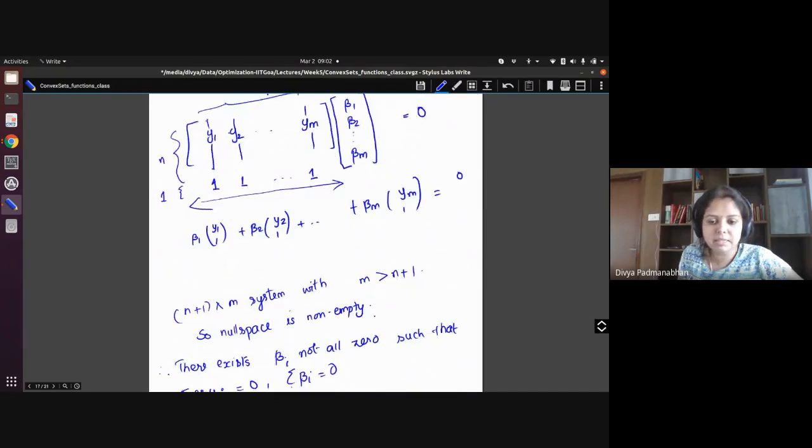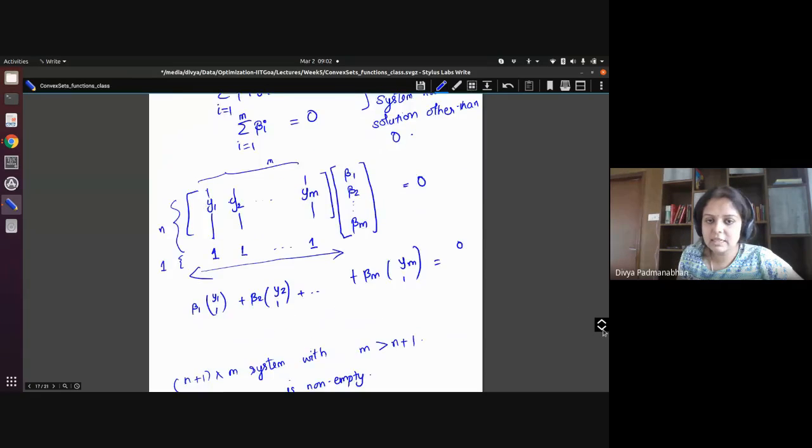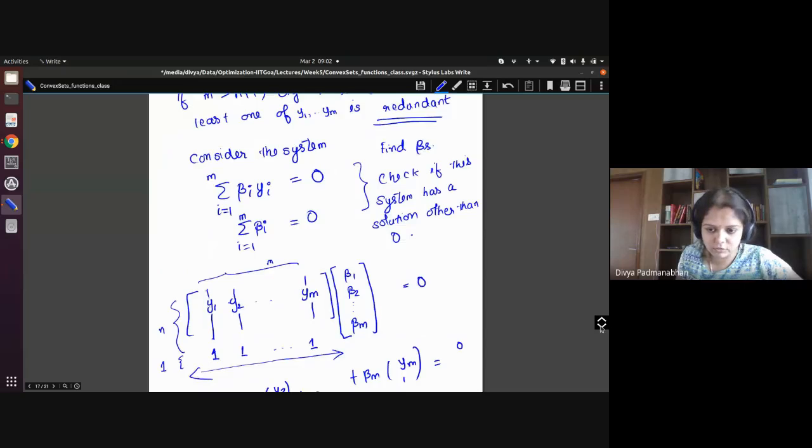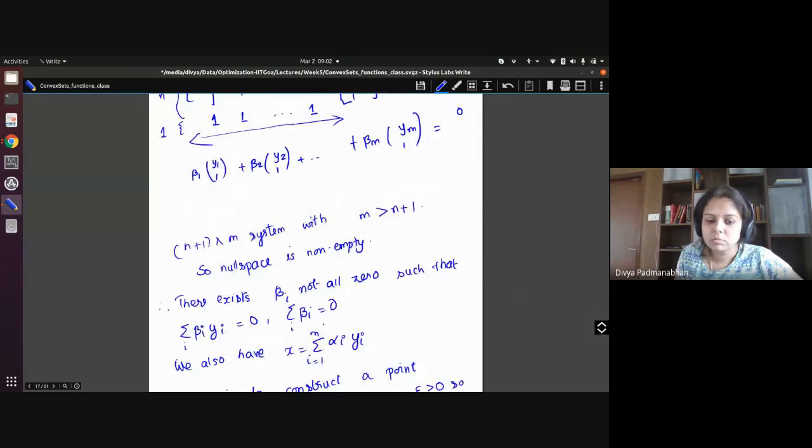So the null space is non-empty. By that we mean that there are some betas which are not all 0, such that this expression is satisfied. So the idea is to basically use these non-zero betas which satisfy these equations.